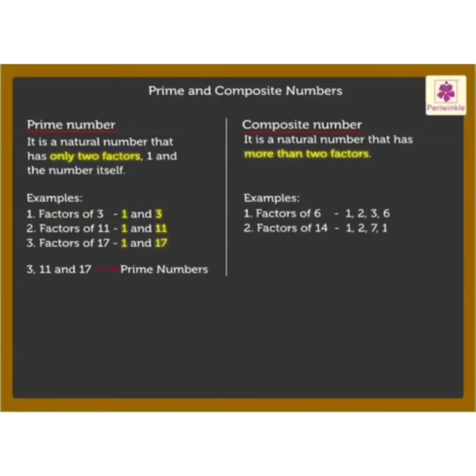The factors of 20 are 1, 2, 5, 10, 20. Here, all the above numbers have more than two factors. These numbers are called composite numbers.